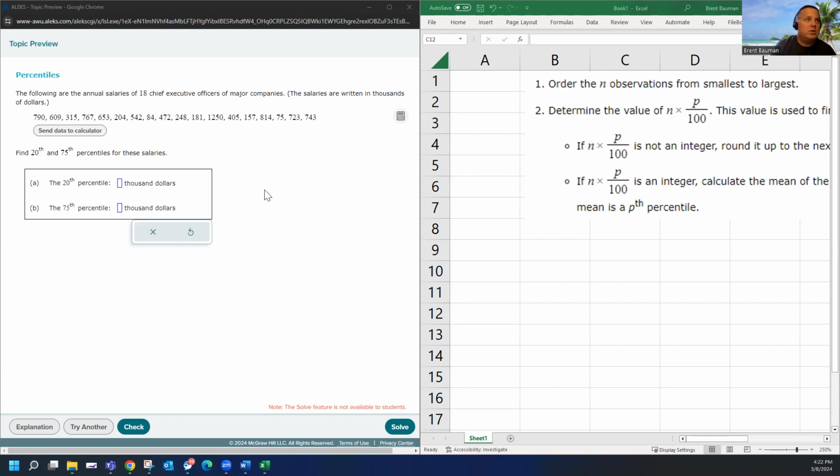process with you. So this is dealing with the annual salaries of 18 CEOs of major companies, and it's in thousands of dollars. So we have our values here. I'm going to use Excel to help set us up, keep us organized, do some of the calculations as we go through this.